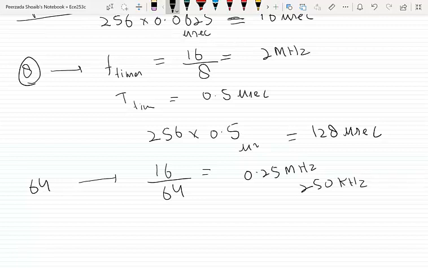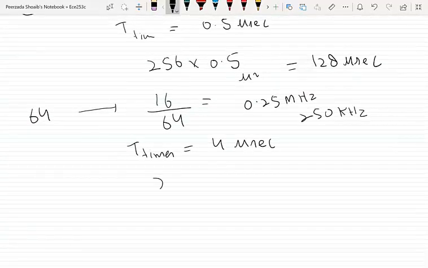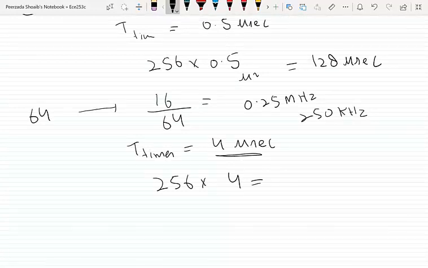And the time period of the timer will be 1 divided by 0.25, that is 4 microseconds, and the maximum time delay I will get will be 256 into 4 microseconds, that's equal to 1024 microseconds or 1.024 milliseconds.